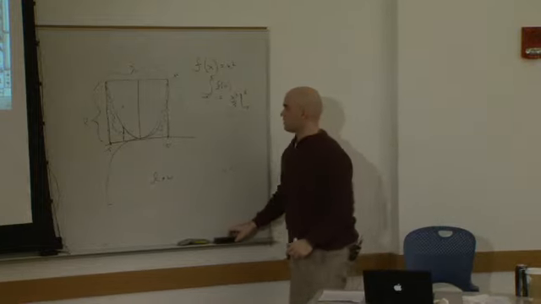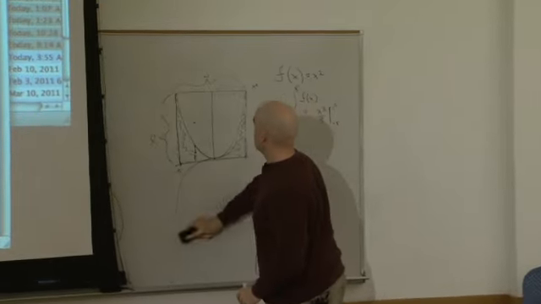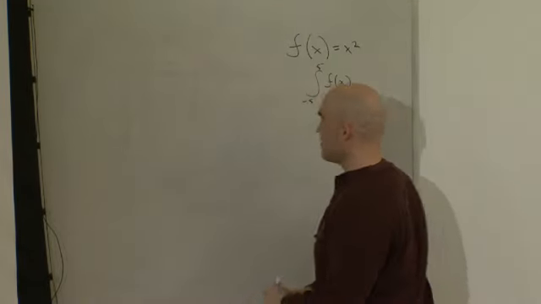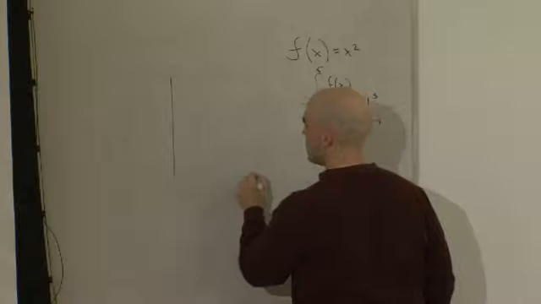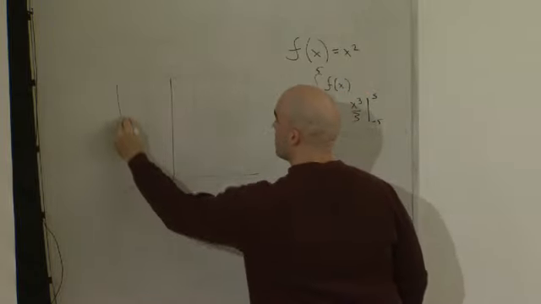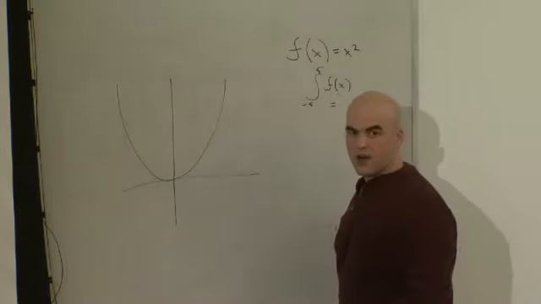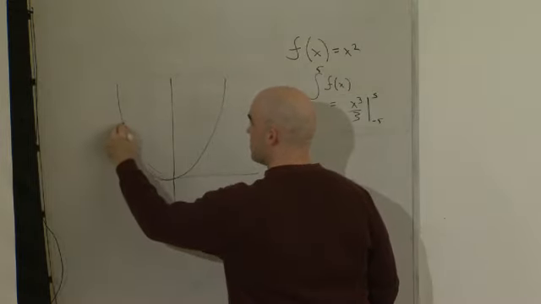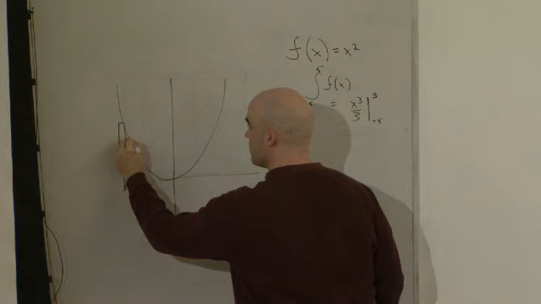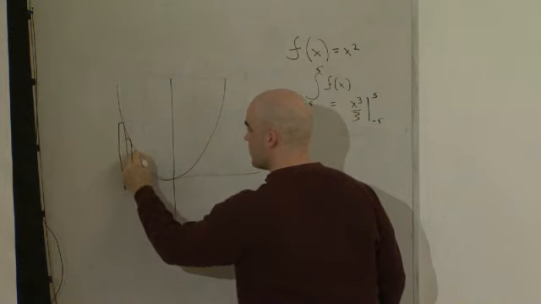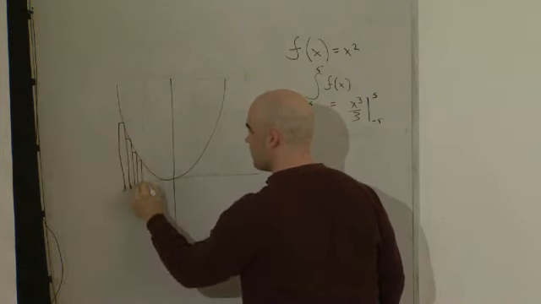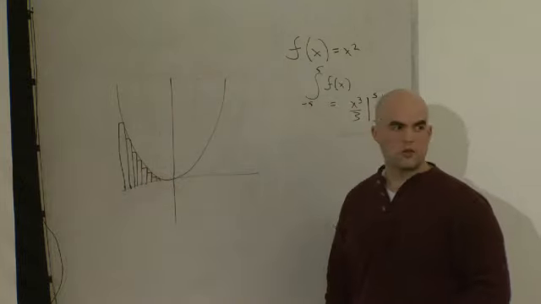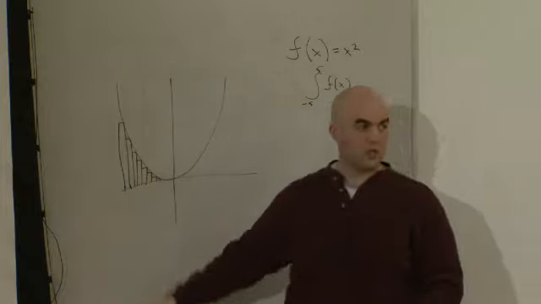So his question is, why don't you do something like this? Divide up the x-axis into very small portions, like that, and then sum up the areas of these rectangles, right?